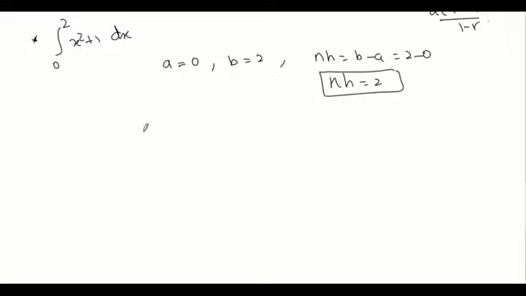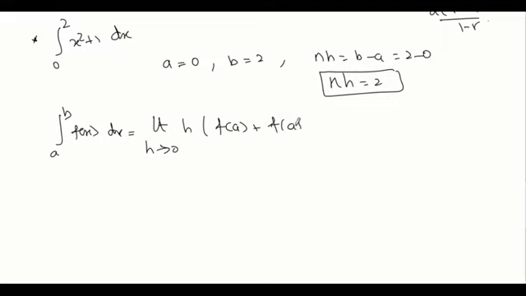Now the integral formula, we know that integral a to b f of x dx is nothing but limit h tends to 0 h into f of a plus f of a plus h plus etc. plus f of a plus n minus 1 into h.